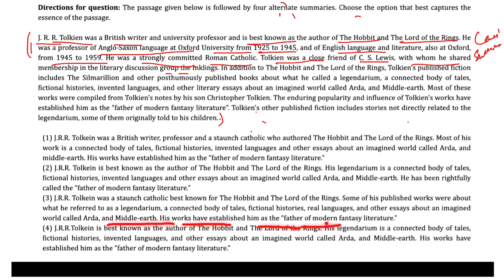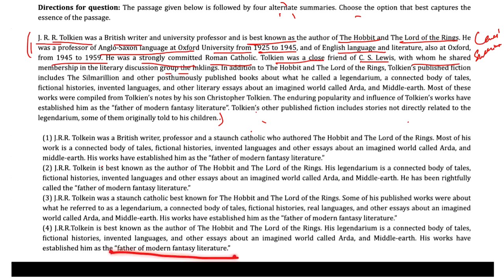So, the last option, which is stated here: J.R.R. Tolkien is best known as the author of The Hobbit and The Lord of the Rings. His legendarium is a connected body of tales, fictional histories, invented languages, and other essays about an imagined world called Arda and Middle Earth. His works have established him as the father of modern fantasy literature.